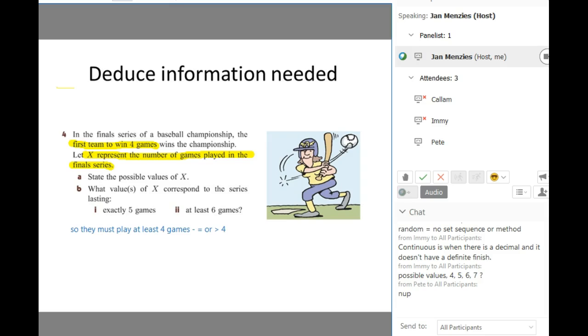Now, again, think of the next number and there's a reason it's going to be rejected. So, what's wrong with having 8 games?